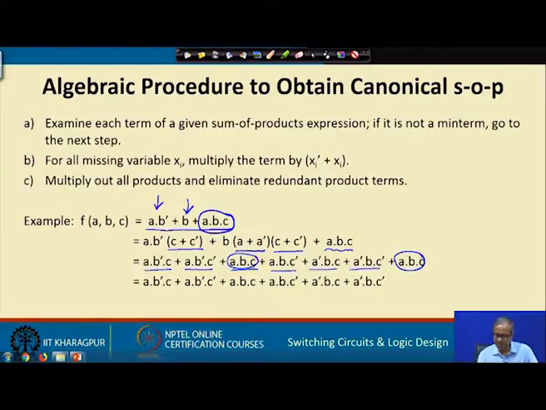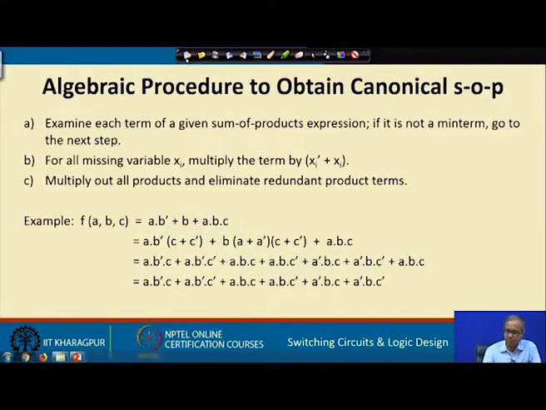Other than that, all are unique, there is no further repetition. So, you write down the expression, you have 6 min terms, and this will be your canonical sum of product expression. So, given any expression, you can apply these rules to expand the function, and using the Boolean multiplication rules, switching algebra rules, you can obtain the sum of product expression.